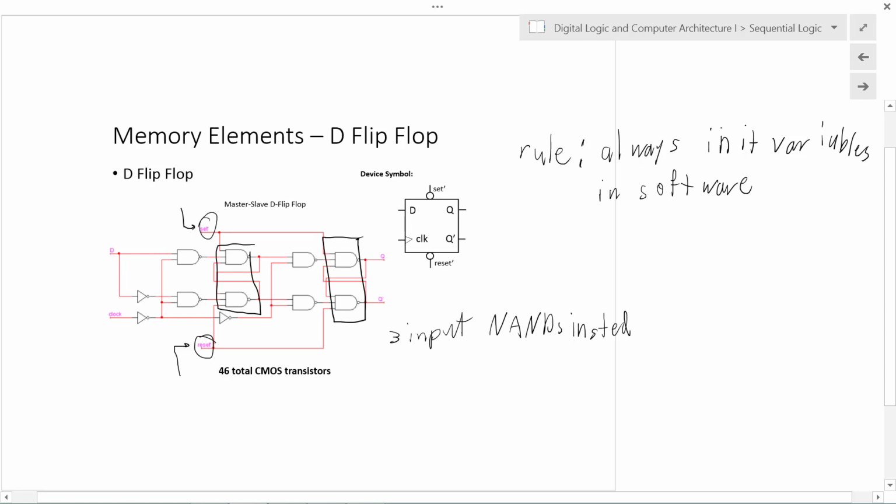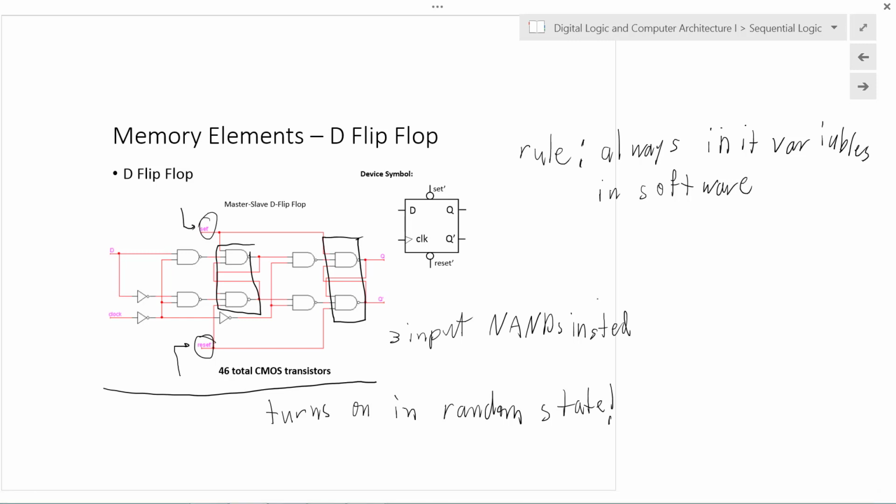The reason is that this D flip-flop can come on in a random state. Because it can be turned on in a random state or be set arbitrarily in your program, sometimes it's necessary to return it to a known state.